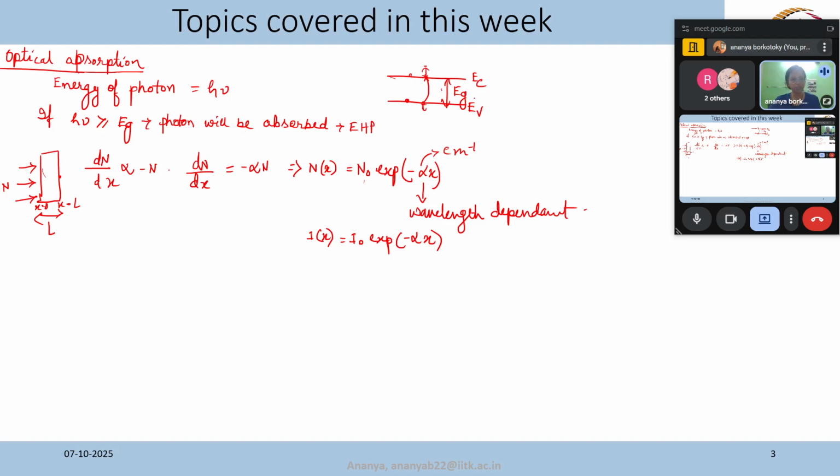Now when we are discussing optical absorption, another thing that the professor has discussed in the course is the direct and indirect bandgap semiconductor. Again, all the basic concepts for this week we already have discussed earlier, so this is mainly application of those concepts for optoelectronic devices.